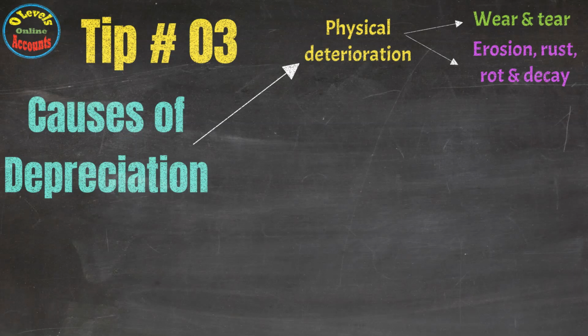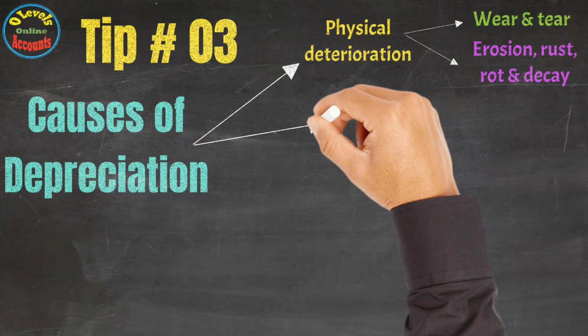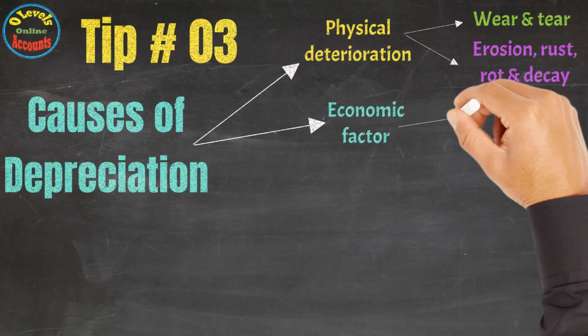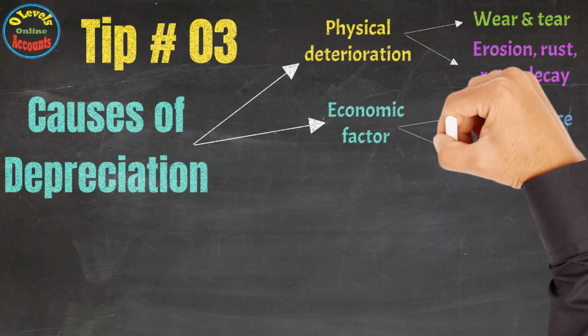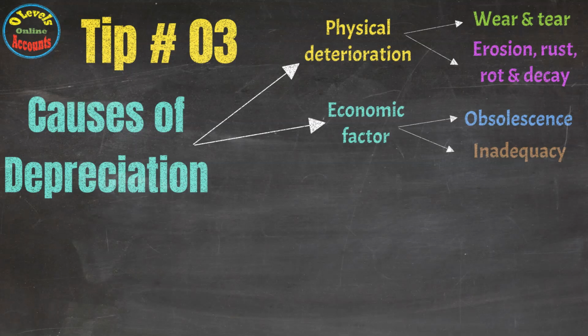Secondly, economic factors and further classifications are obsolescence and inadequacy. Economic factors affecting fixed assets include aspects that influence the value and utility of these assets due to changes in the broader economic environment. Obsolescence refers to the reduction in the value or utility of fixed assets due to advancements in technology or changes in market preferences.